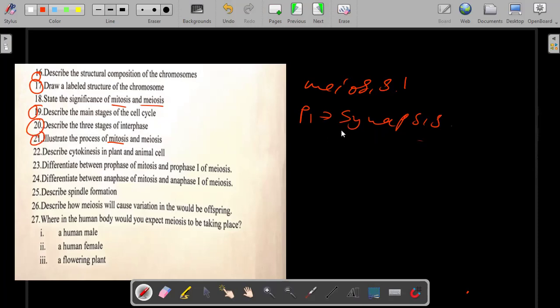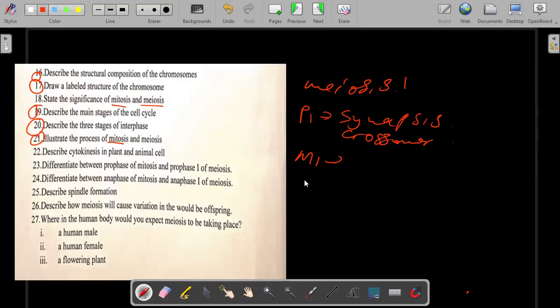You're also going to see crossover in prophase 1 of your meiosis division. Then you are going to have metaphase 1, where homologous chromosomes line up at the equator, at the center of the cell.